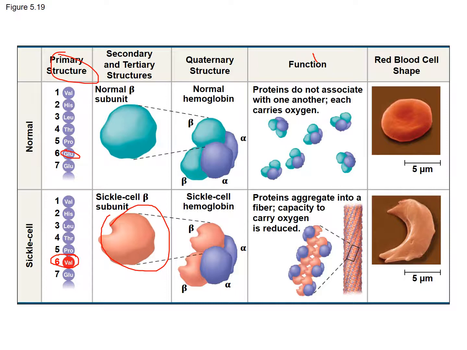But now, instead of being this free-floating hemoglobin, this hemoglobin has a greater affinity for itself. The beta subunits start to glom onto each other, and they start to form larger and larger crystals that stretch and distort the shape of the red blood cell.